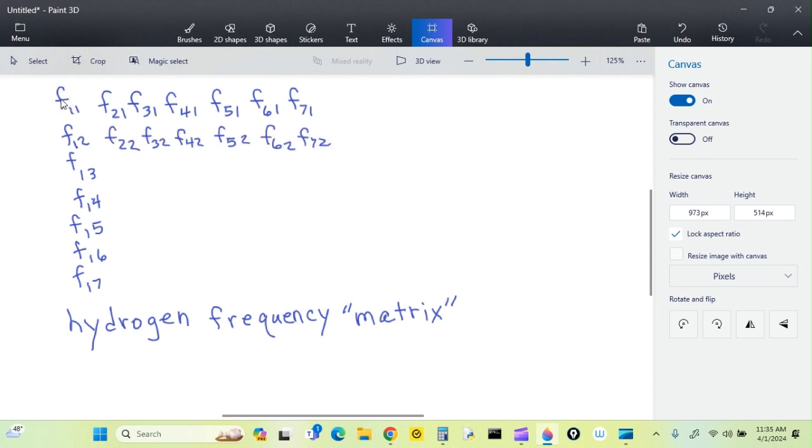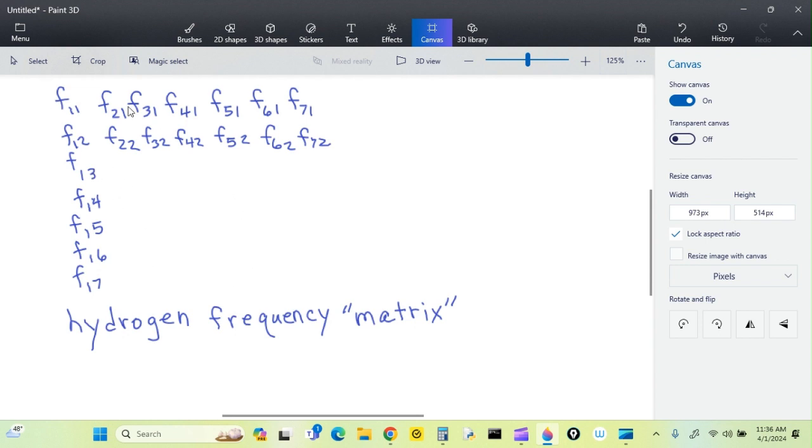Okay, notice when we start filling these things out, we're going to have a 0 diagonal that goes on this matrix because all of these are 0. Everything below this diagonal is going to represent photons absorbed, so that the energy of the electrons increase.